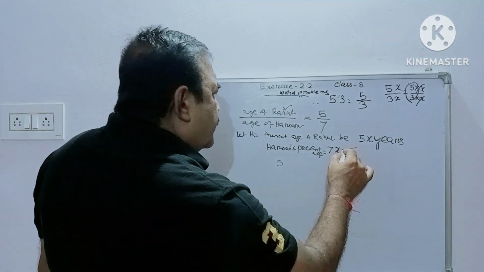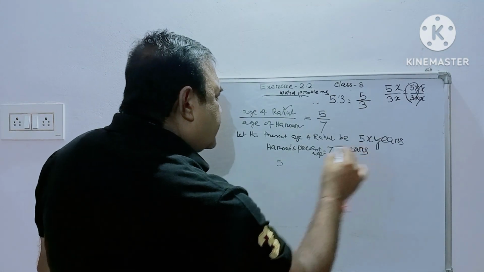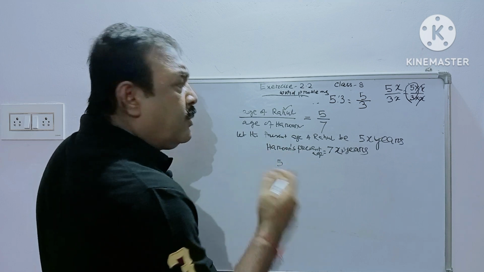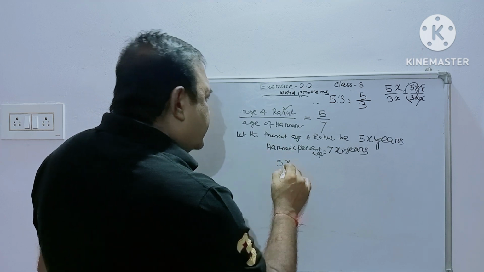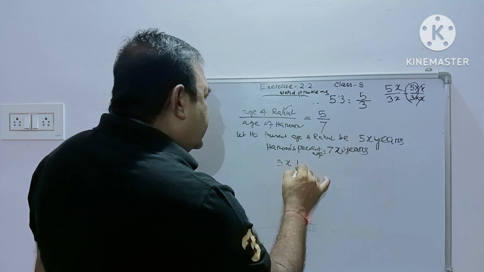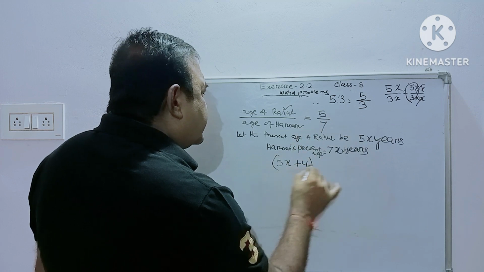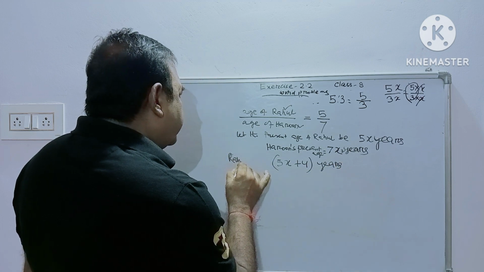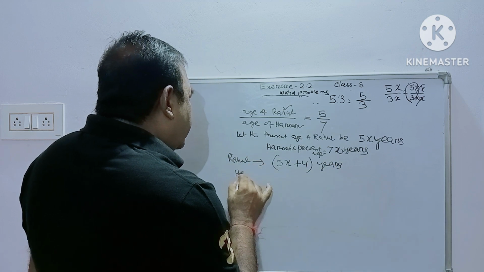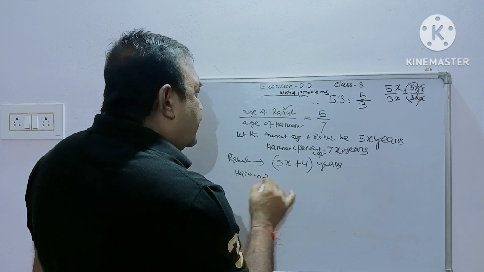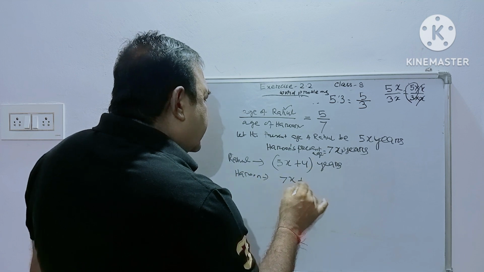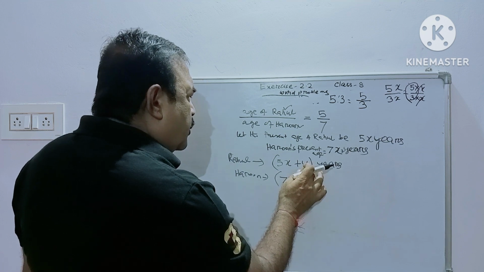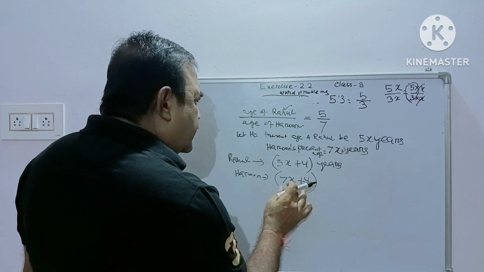So after 4 years, Rahul's age will be 5x years plus 4 years, that is 5x plus 4 years. This is of Rahul. What is of Harun? After 4 years, 7x plus 4, and you keep it in the bracket because years is for both 4 and 7x.